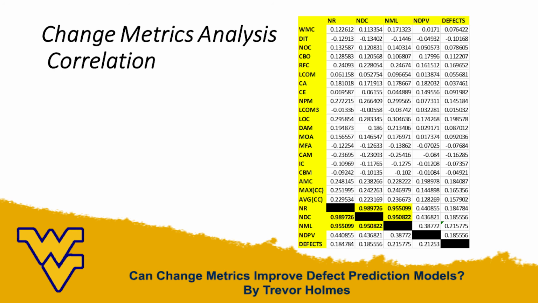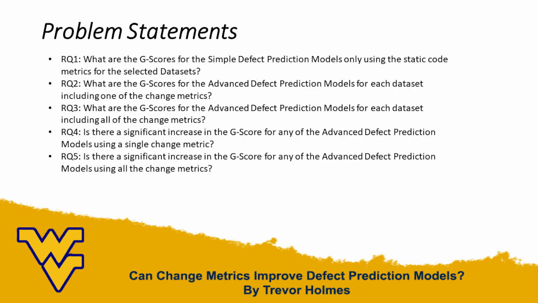As you can see, there is hardly any correlation there. So this hopefully leads us to believe that the change metrics will be adding new information to the models, which is what we want.